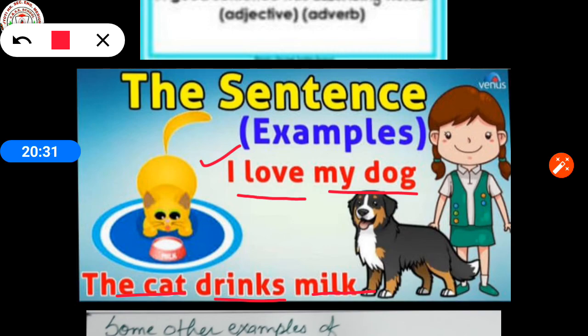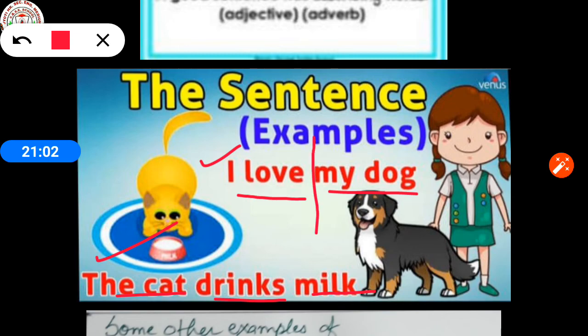These are sentences because these are groups of words. This means the words are properly arranged in a proper order. That's why we can call these sentences. So these are examples of sentences.